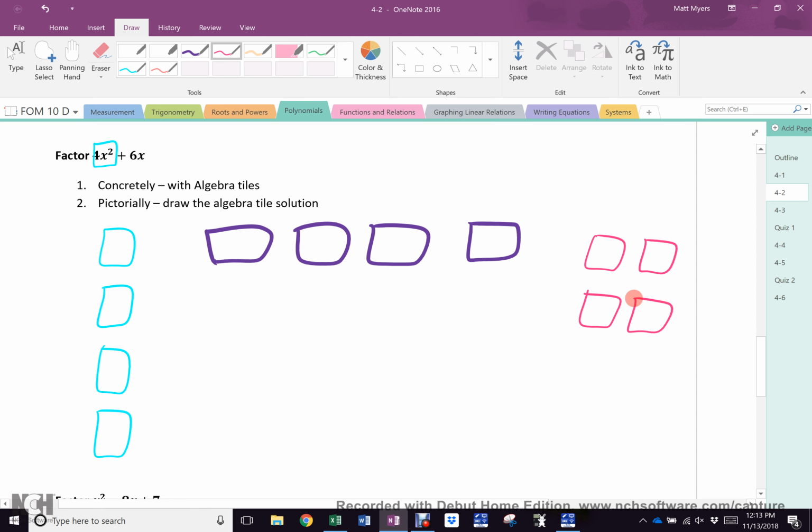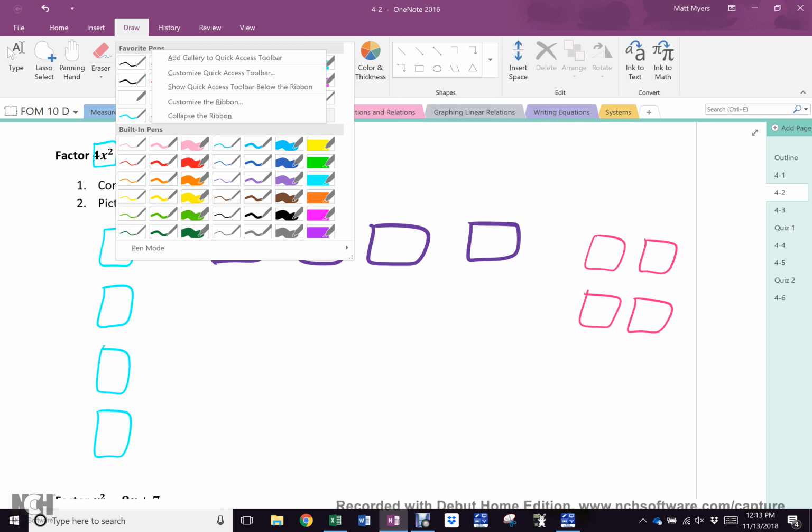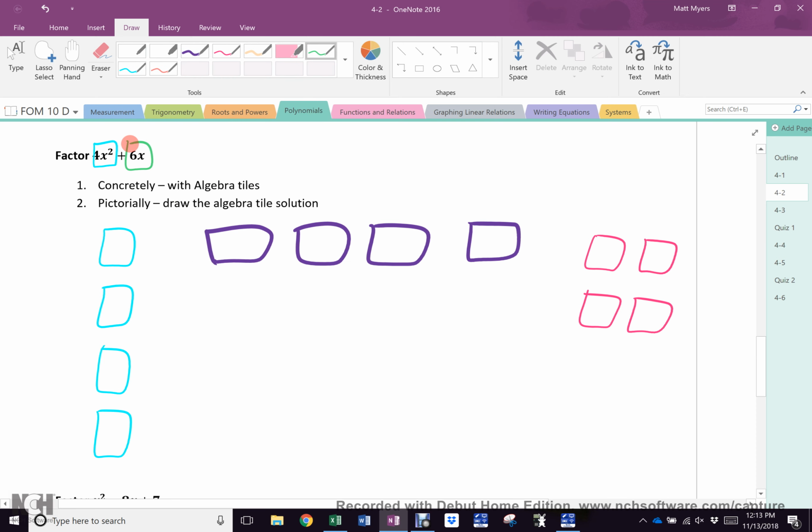That covers the first term. But I've got a second term, don't I? What are my options there? I can do 3 by 2, or I can do 6 by 1, correct?